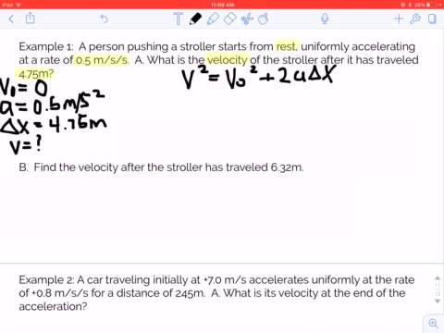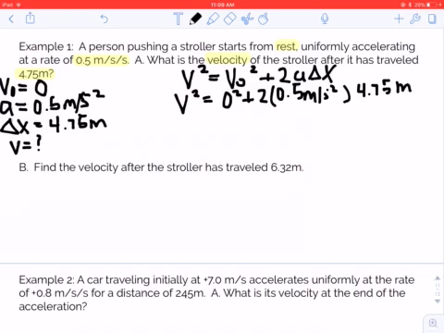So we're going to plug in what we know and leave what we don't know as a variable. So I'll have v squared equals 0 squared plus 2 times 0.5 meters per second squared times 4.75 meters. So the right side of my equation is going to simplify.